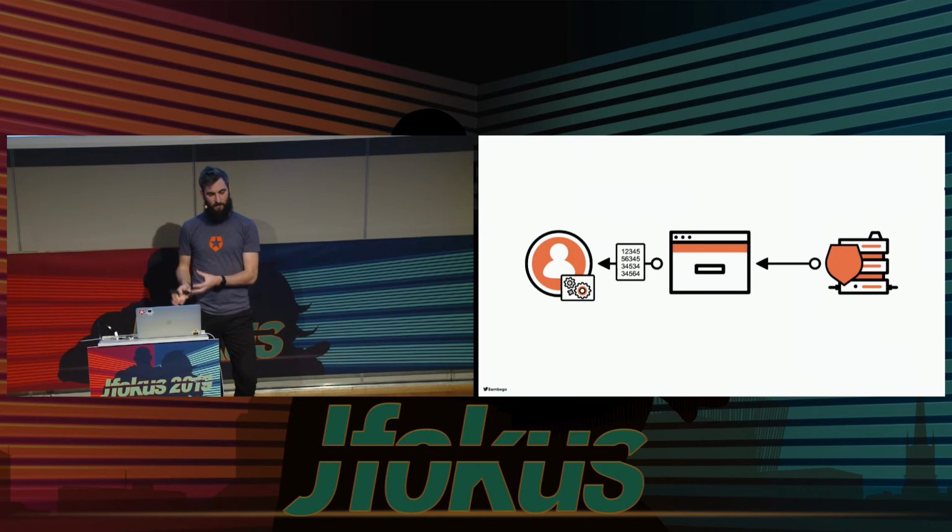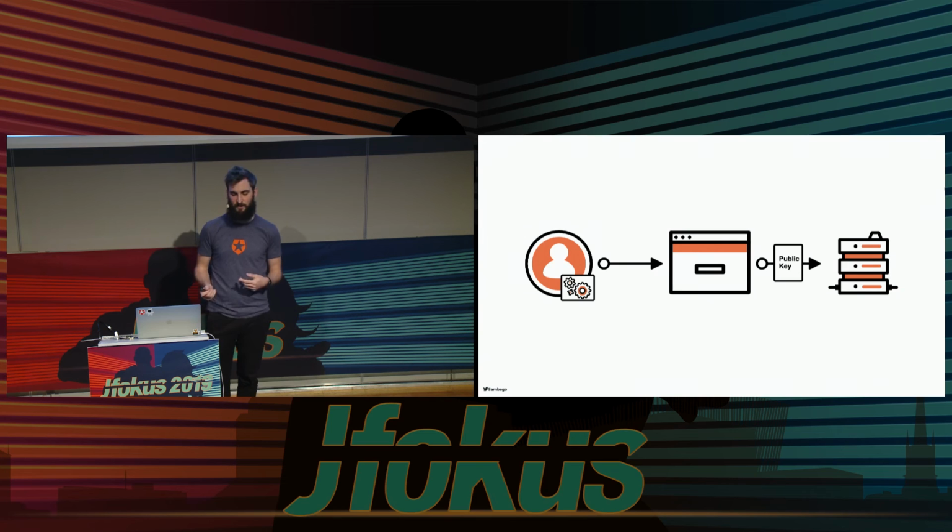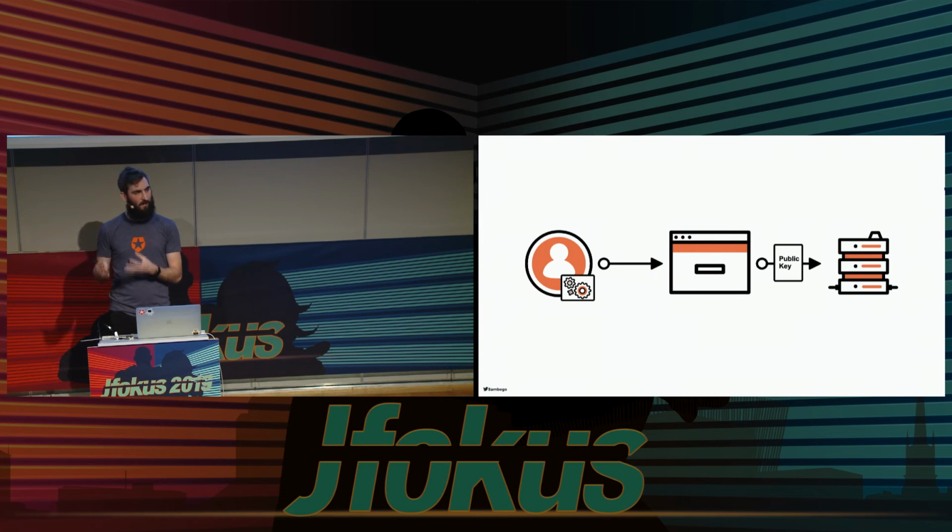And this USB drive is going to create a public key and private key, and then sign this challenge. And then we send back the public key and the signed challenge back to the authorization server. And then with this public key in the future, it can validate every challenge that has been signed by this authenticator device.